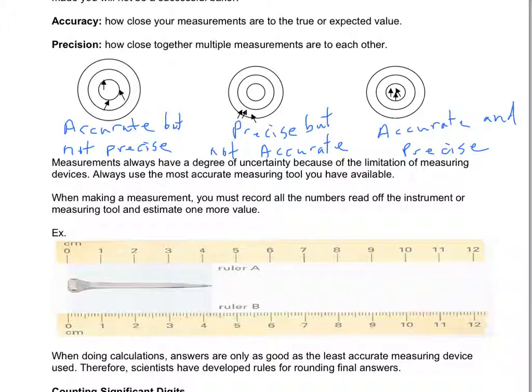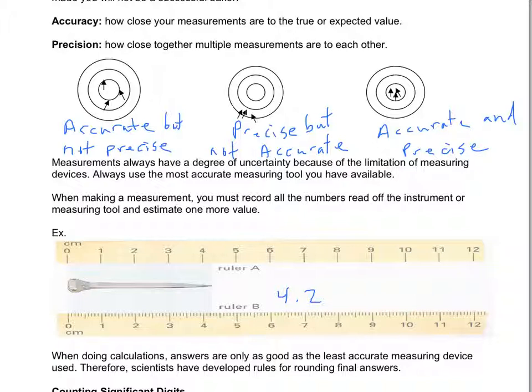For example, measuring the nail using ruler B, I would read off 4 centimeters off of the scale, and my nail extends past the 2 millimeter mark. So I would write down 4.2. That's all of the numbers I can read directly off of the scale.